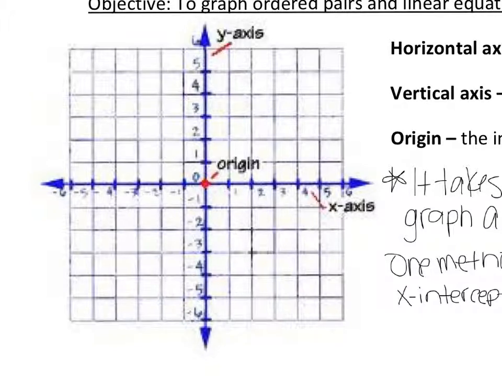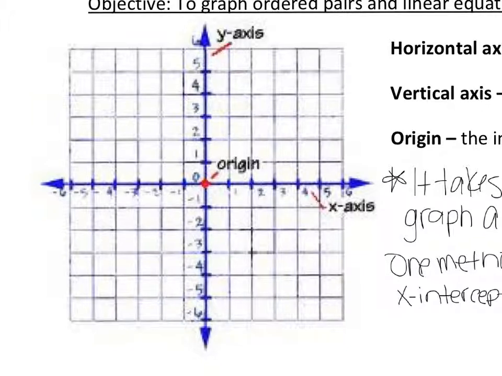If I have a point at -6 over here, it's -6, 0. If I have a point here at -2, it's -2, 0. If I have a point way off to the right, as long as it's on the x-axis, its y-coordinate is 0. So if we want to find the x-intercept, we're going to plug 0 in for y. And we can solve our equation, we can find our x-coordinate.